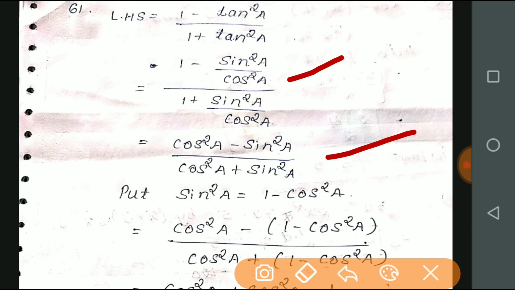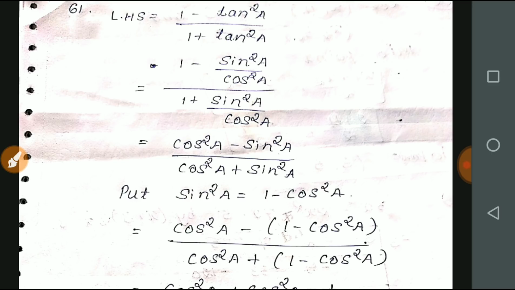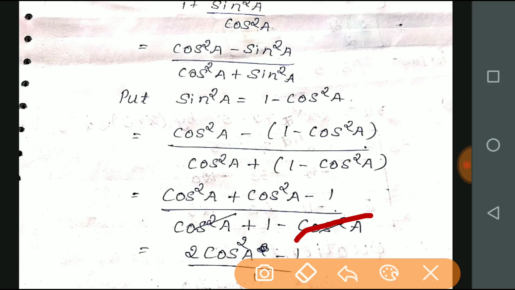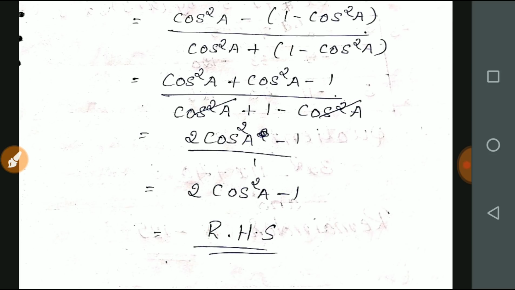We get (cos square A minus sin square A) by (cos square A plus sin square A). Put sin square A is equal to 1 minus cos square A. Then it implies (cos square A minus 1 minus cos square A). Simplify, then minus into minus plus cos square A, so cos square A plus cos square A minus 1, divided by cos square A plus 1 minus cos square A, which gets cancelled. Then we get 1 cos square A plus 1 cos square A, that is 2 cos square A minus 1, which is equal to RHS.